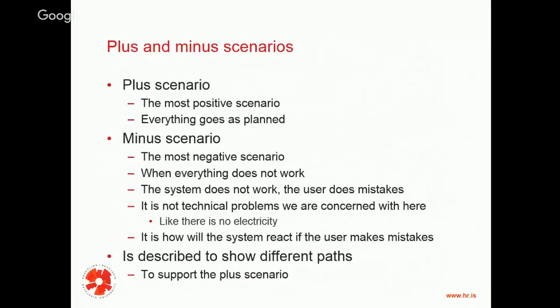So this is when everything doesn't work. There are some problems. Maybe the system doesn't work, or the user makes some mistakes, or he has problems in his daily life, even though he doesn't have a system, he has problems in reaching his goals.